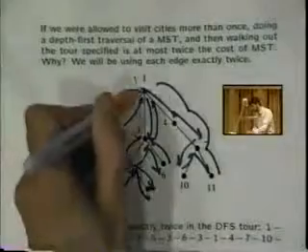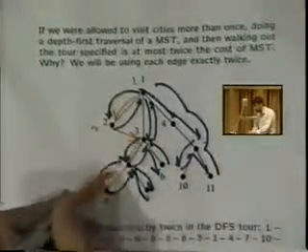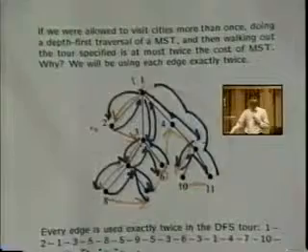So we could use the triangle inequality to cut short our tour between any place where we want to go next, and thus guarantee ourselves a tour that's no longer than twice the minimum spanning tree.